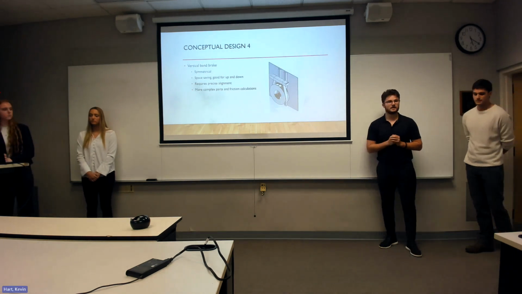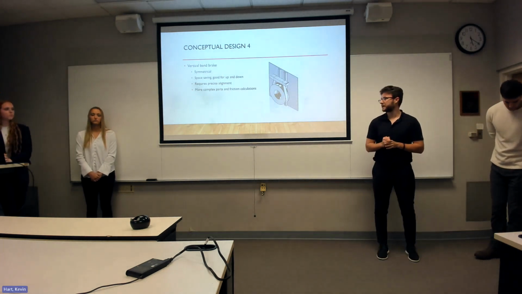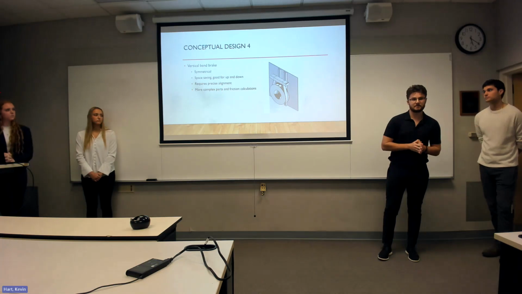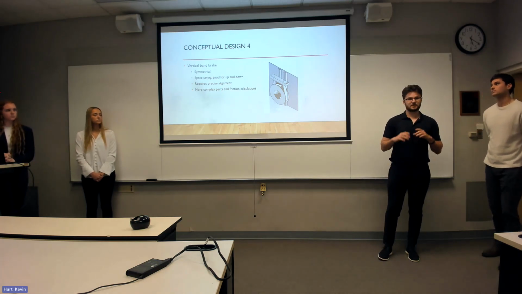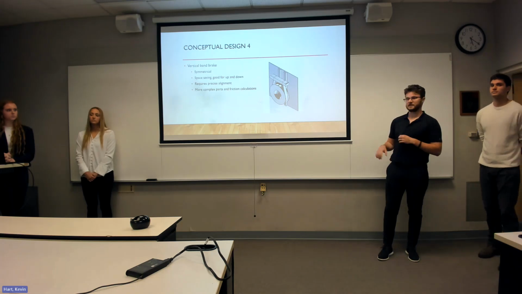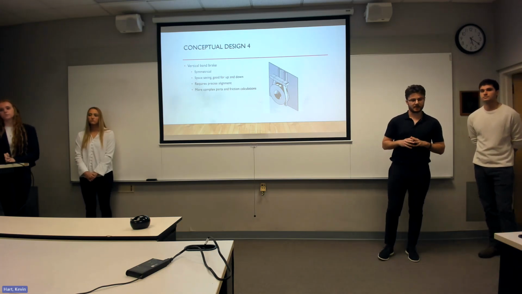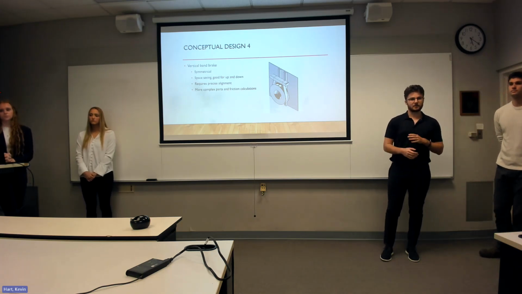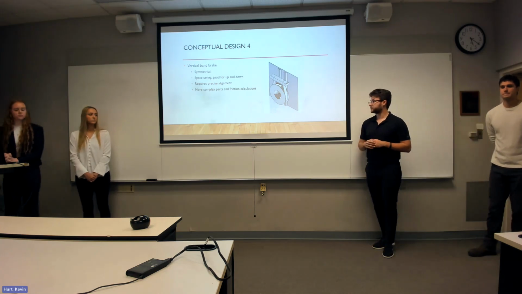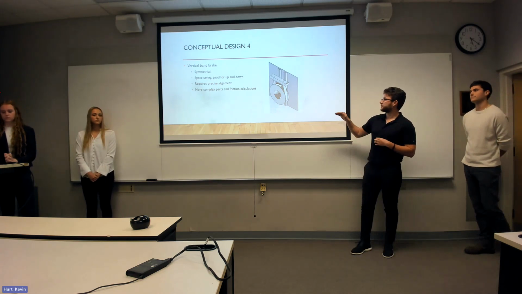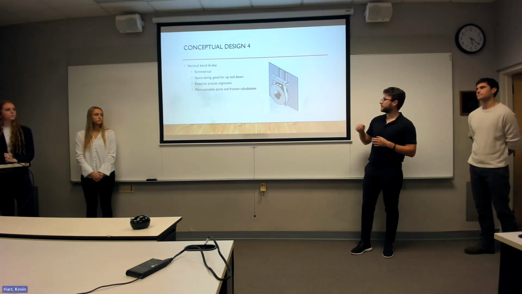And our fourth design, we call it the vertical band brake. I say we call it that because, as you can see, the other three designs, those pictures came straight from engineering textbooks. This is a design that we just came up with on our own that doesn't have concrete equations associated with it. And the major difference with this one is you can see the lever arm above the drum.